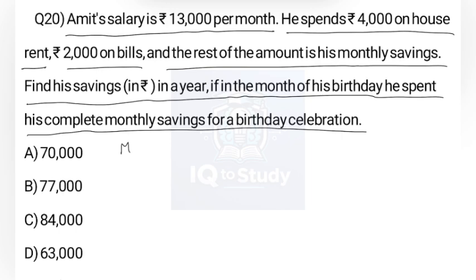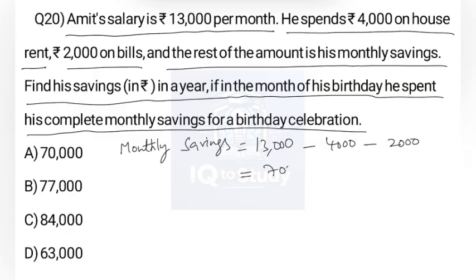According to the question, monthly savings is equal to 13,000 minus 4,000 minus 2,000, which is equal to 7,000. We have to find his yearly savings.